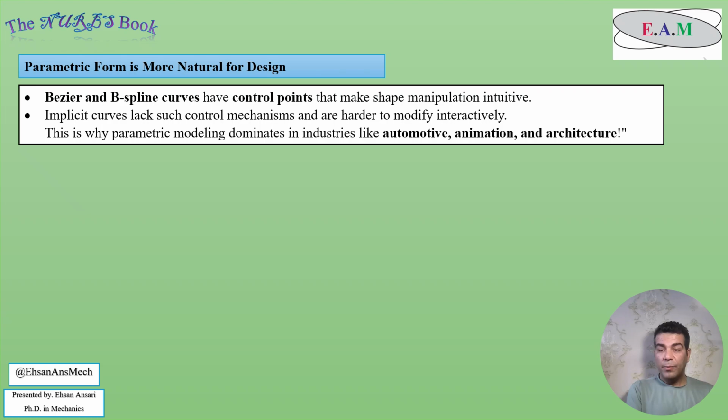This makes parametric curves ideal for interactive design workflows where precision, adjustability, and smooth transformation are essential. In industries such as automotive styling, architectural modeling, and animation, parametric modeling supports both artist intent and engineering precision, enabling seamless iteration and real-time shape manipulation.